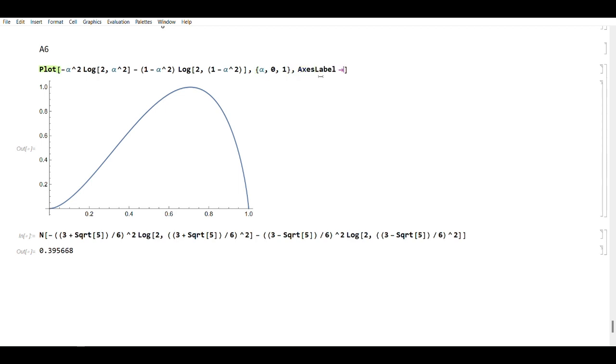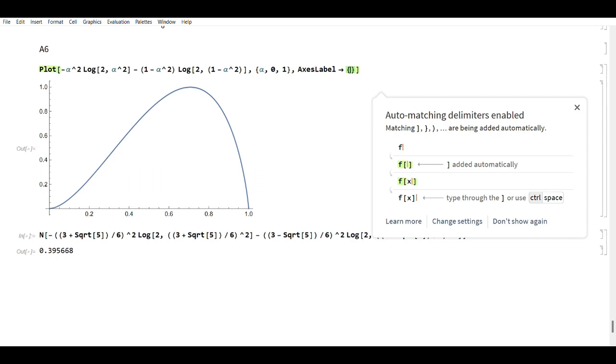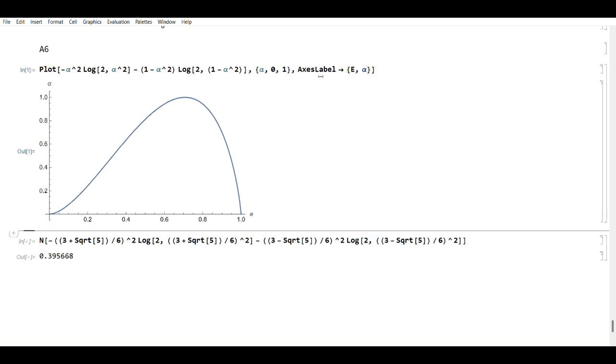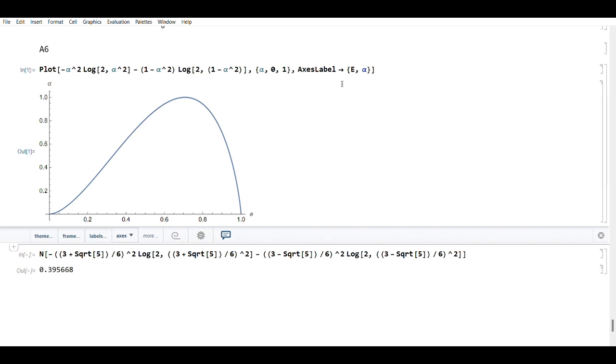And of course, alpha can take the value between 0 and 1. And let me put the labels. I forgot the syntax.